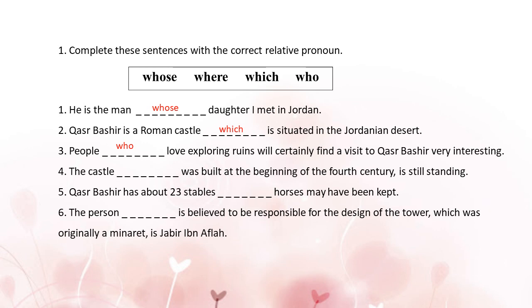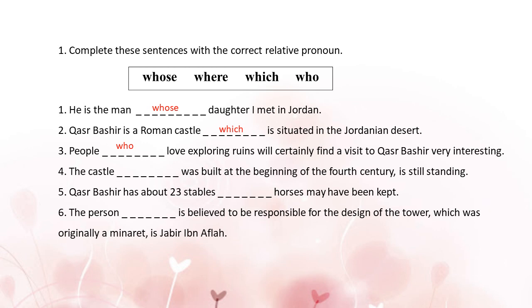Number 4. The castle was built at the beginning of the 4th century are still standing. So now we are talking about the castle, and the castle here is a place. Let's see if something happened or not. Was built at the beginning of the 4th century.